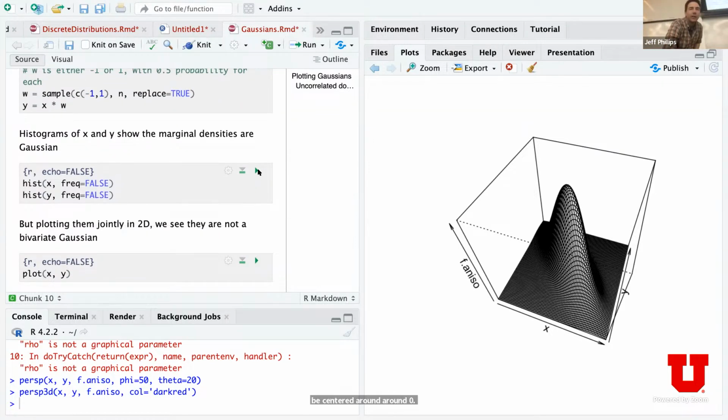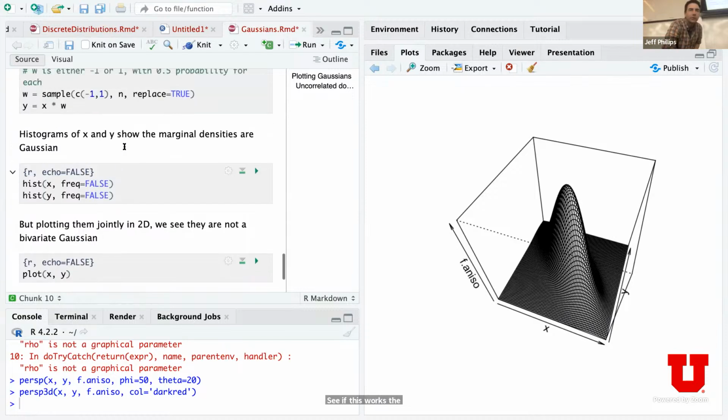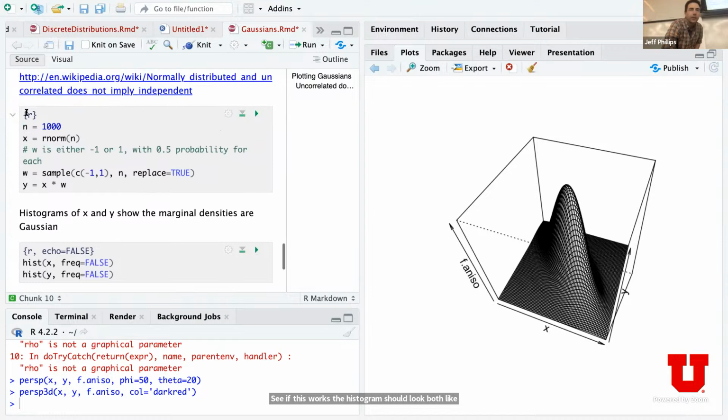Let me plot the histograms here. See if this works. The histogram should look both like normal distributions. Okay, this one is not echoing.